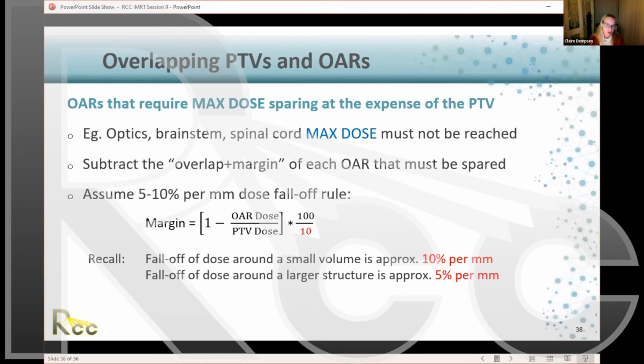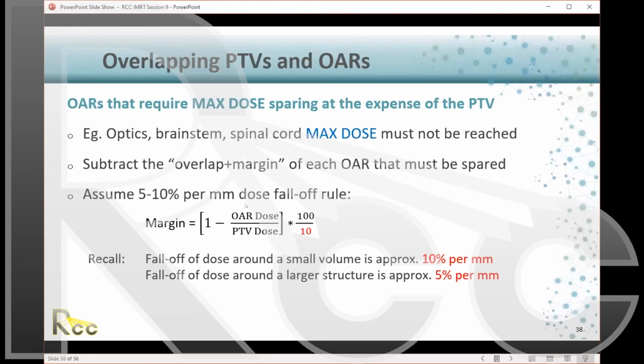There are certain organs at risk, for example, optics, your brainstem, your spinal cord, where there is a maximum dose for that structure that must not be reached. So in that case, what we need to do is actually subtract the organ at risk plus a margin from the PTV.